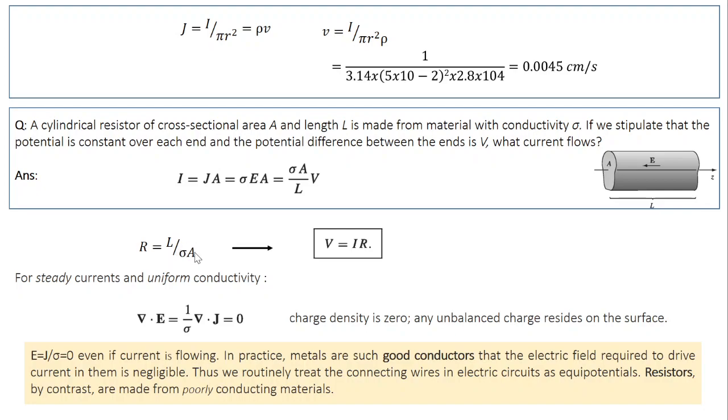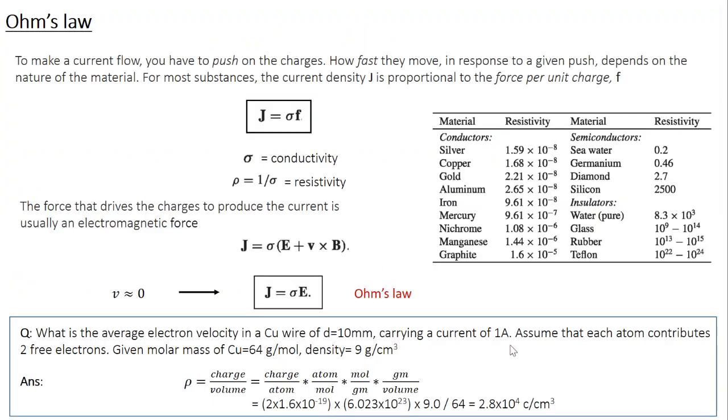So you have ohm meter divided by meter, which gives you the unit of ohm, which is nothing but resistance. So this term L by sigma A is resistance R. So I equals V by R, or V equals IR. This is a more familiar version of Ohm's law. So you can derive this version of Ohm's law from this fundamental version.